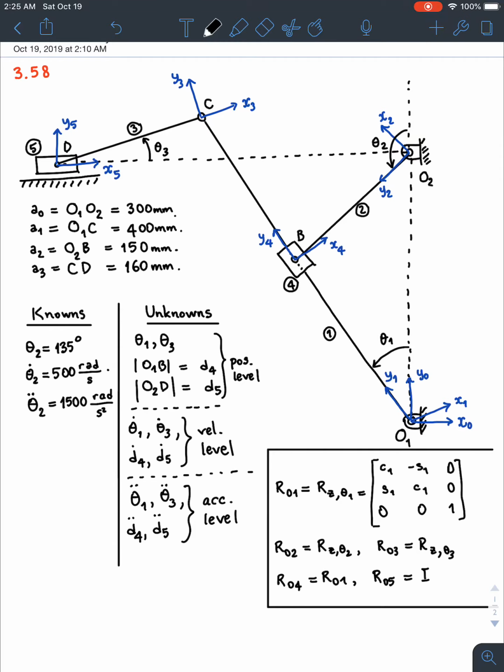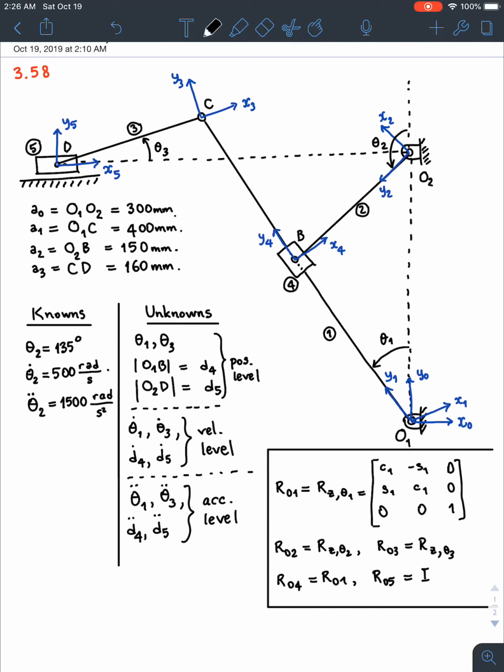And depending on what level of kinematic analysis we're performing, we have a few unknowns. If you're only doing the position level analysis, we are only looking for theta 1, theta 3, d4, and d5, where d4 is the distance from O1 to B, from here to right there, along the y1 axis.